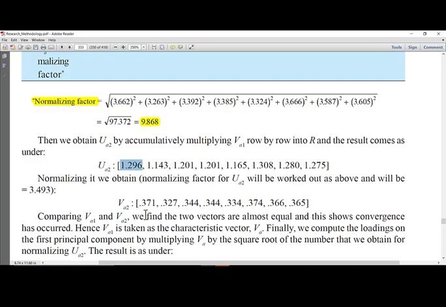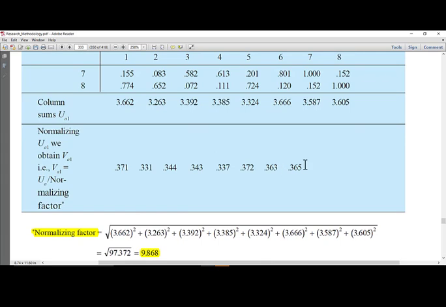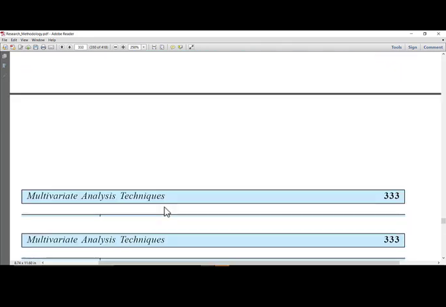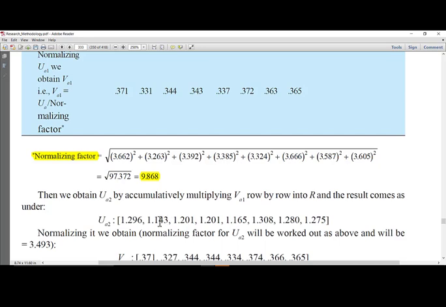Now, how this 1.143 is obtained, I explain. These VA1 elements are multiplied with the second row elements, element by element, multiplication is done and summed up, and that gives us 1.143. Now what about the third one, 1.201?